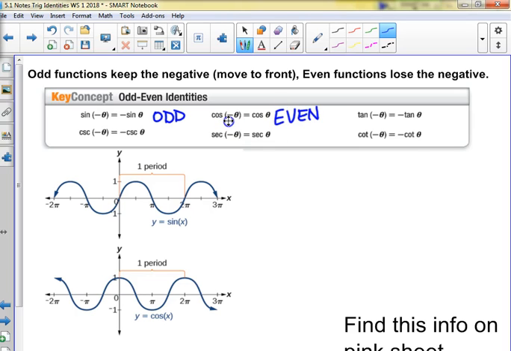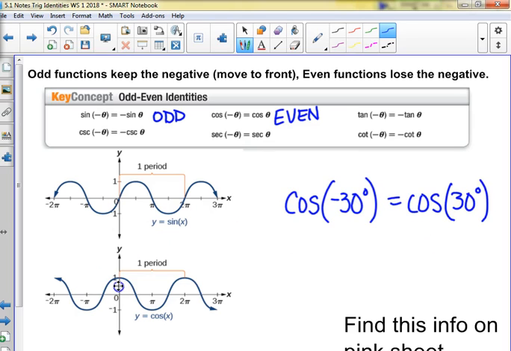You can put the negative inside or take it away altogether because going to the left versus going to the right gets you nothing different, right? So if I ask you what is the cosine of negative 30 degrees, look on your unit circle. Is it not the same as the cosine of positive 30 degrees? Right?